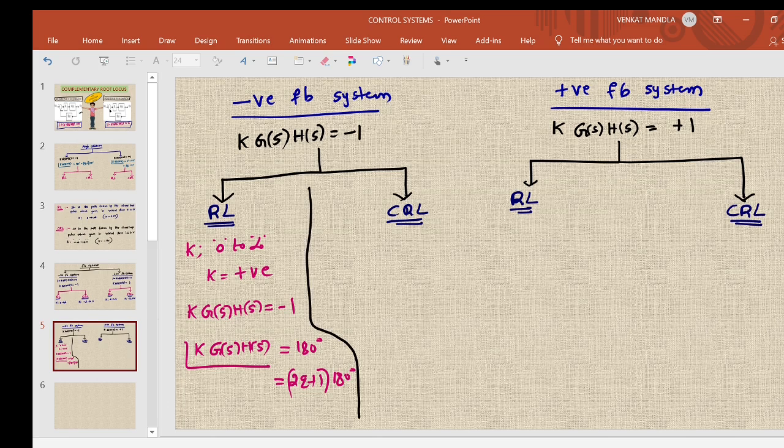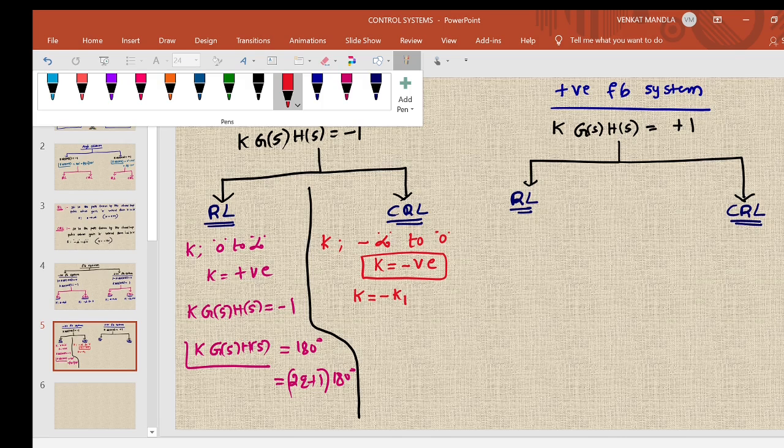In complementary root locus, what are we doing? K is varied from minus infinity to 0. What happens? That is, K is negative. What I will do is take K equal to minus K1.